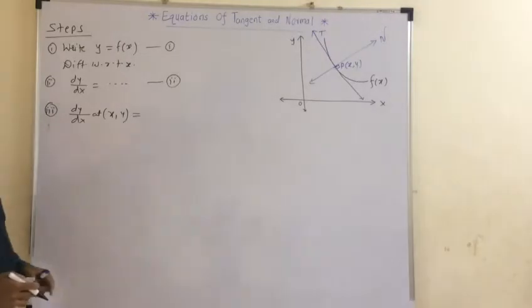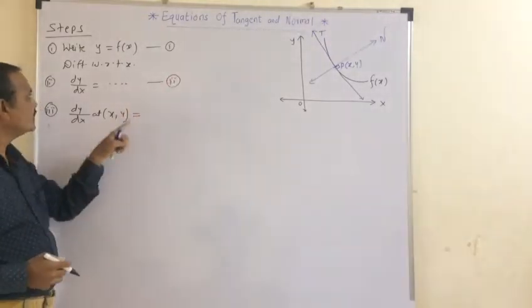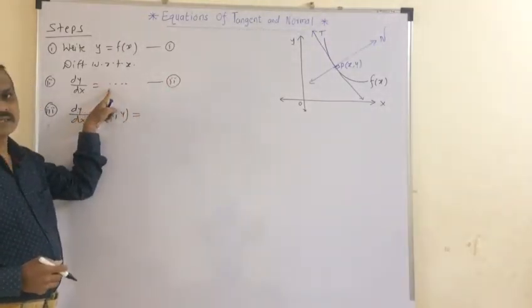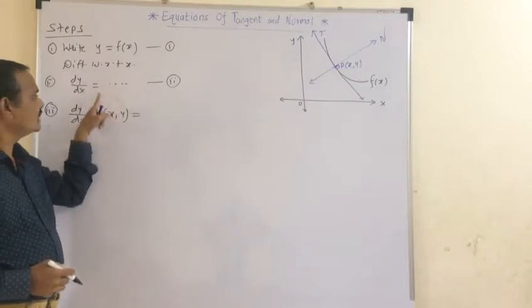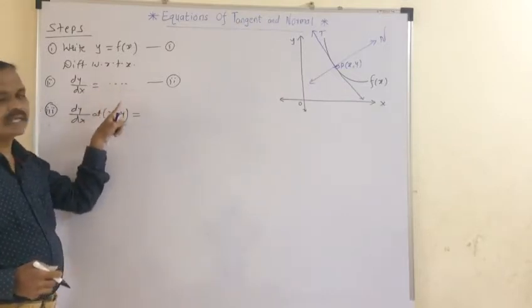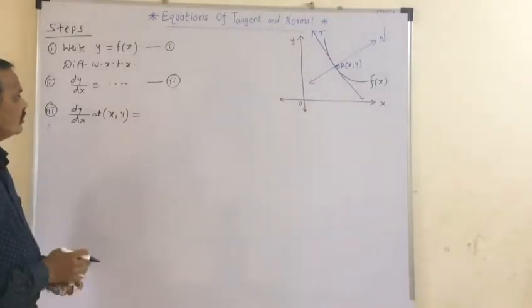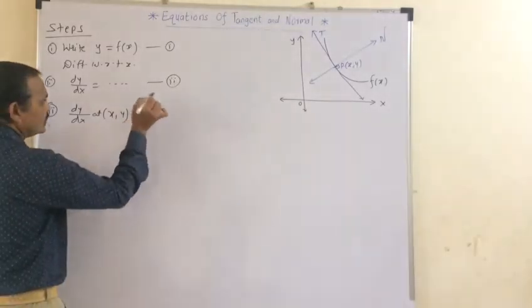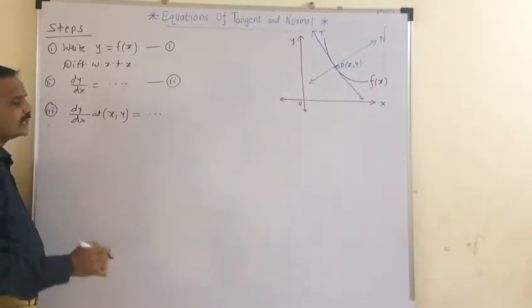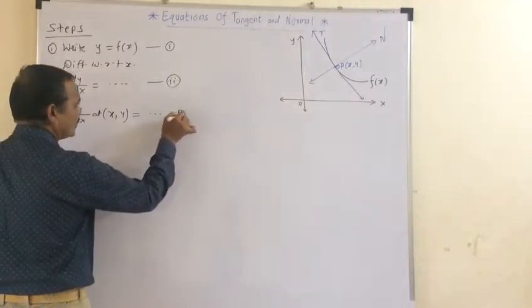That is, we have to put given point in this equation, that value of x and also value of y in this derivative. So we get the slope of tangent, say m1.